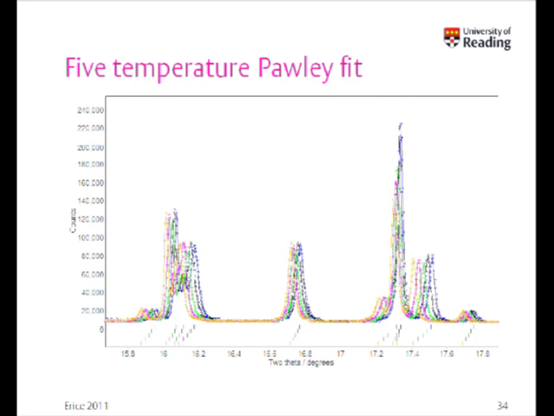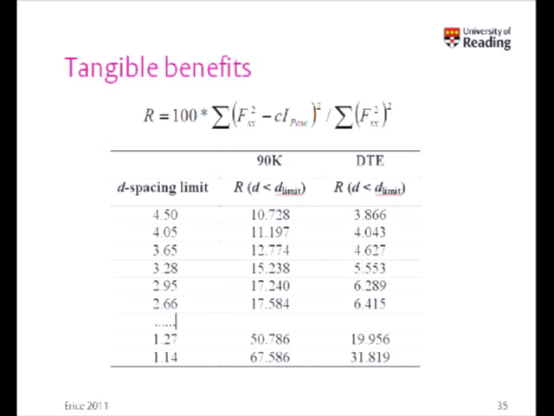And within TOPAS, which Bill mentioned earlier on, this is actually a 5-temperature polyfit: 5 different data sets at different temperatures on the same material, fitted with one single set of intensities. The net benefit is that you get a set of structure factors where there is a quantifiable benefit.